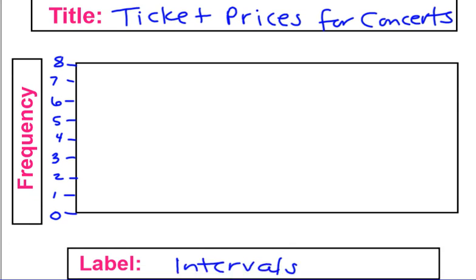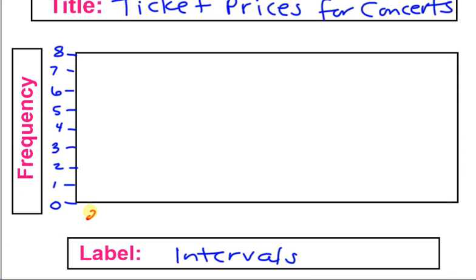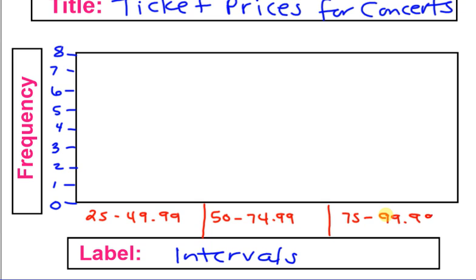And so in this case, we have 3 intervals. We have $25 to $49.99, and then we have $50 to $74.99, and then we have $75 to $99.99.